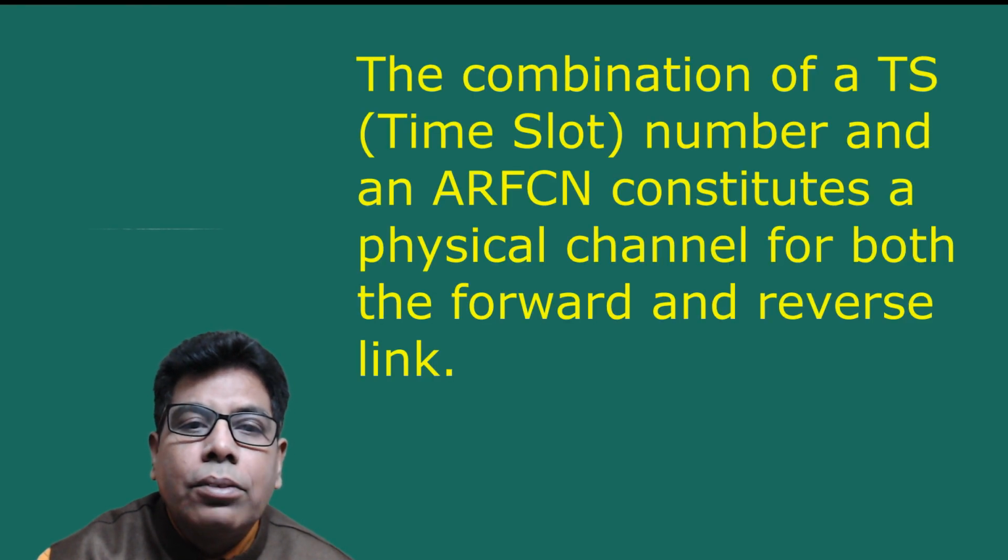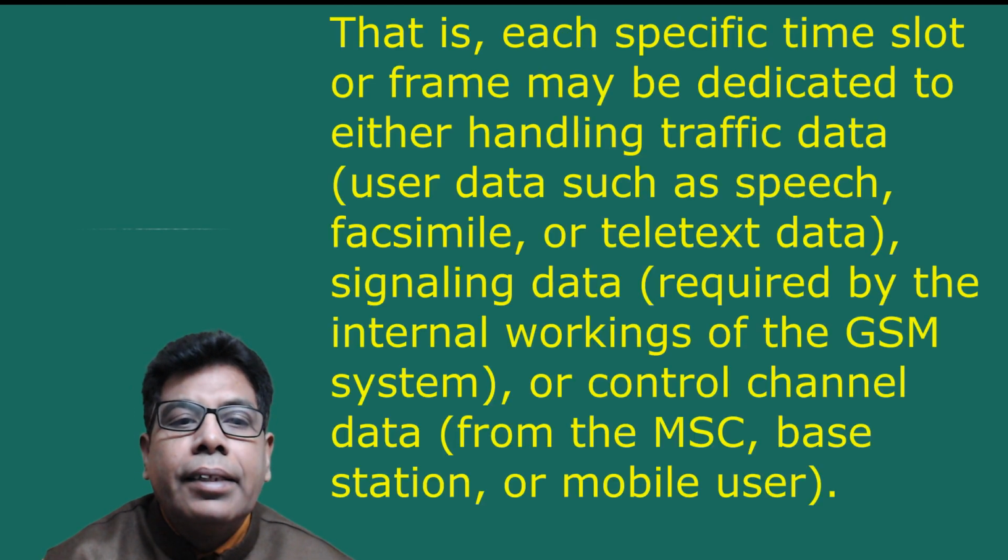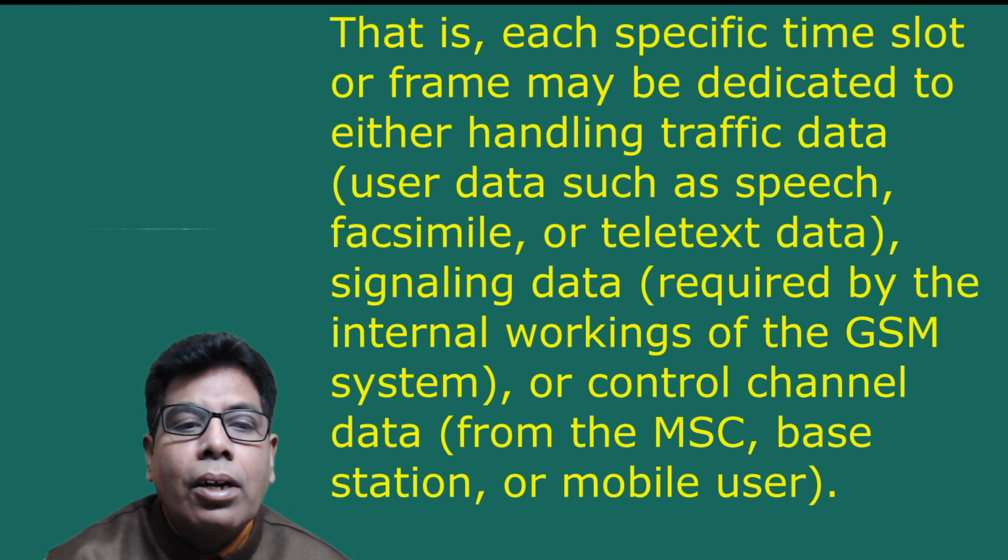The combination of the time slot number and the ARFCN constitute a physical channel for both forward and reverse link. Each physical channel in the GSM system can be mapped into a different logical channel at different times. That is, each specific time slot or frame may be dedicated to either handling traffic data, signaling data, or control channel data.